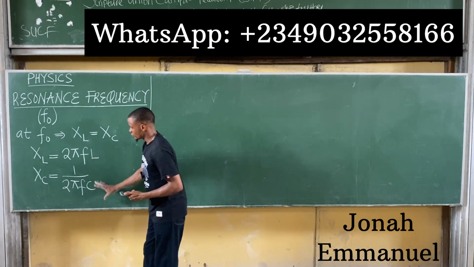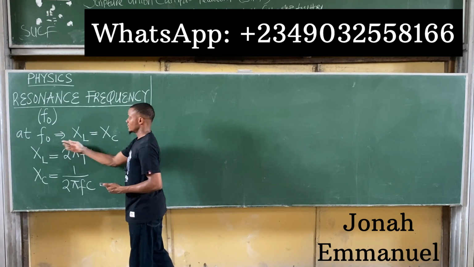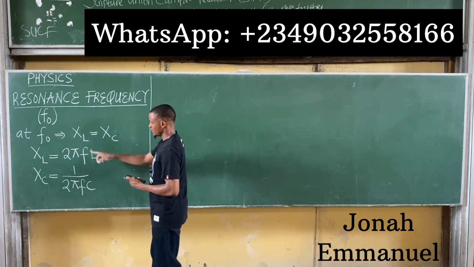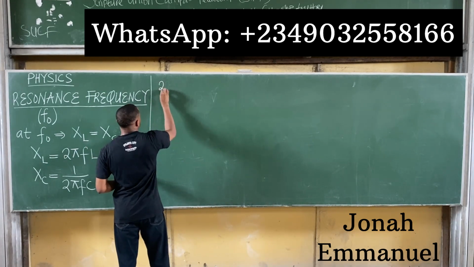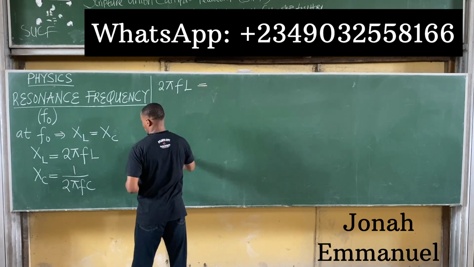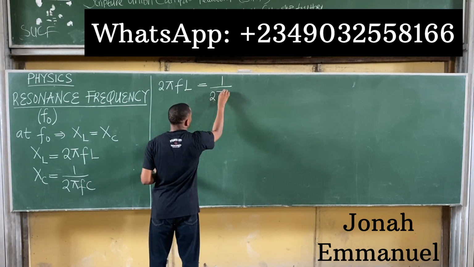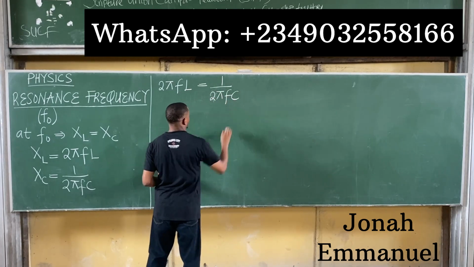So let's get this condition here. If this is true, and we are saying that at resonance frequency, this is equal to this, that means 2 pi FL is equal to 1 all over 2 pi FC.